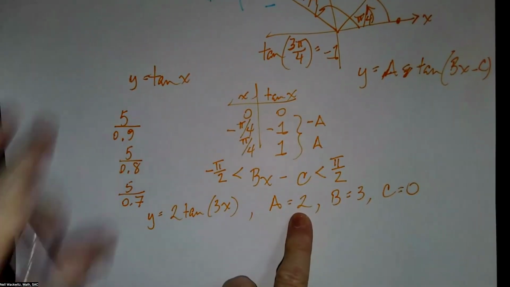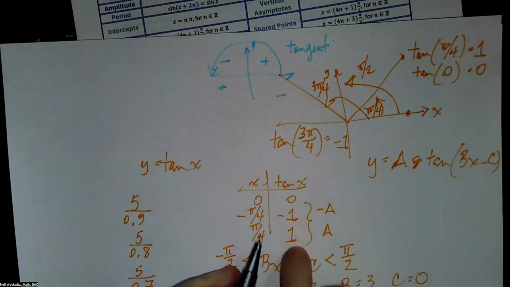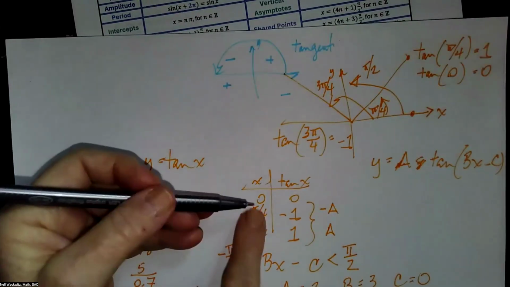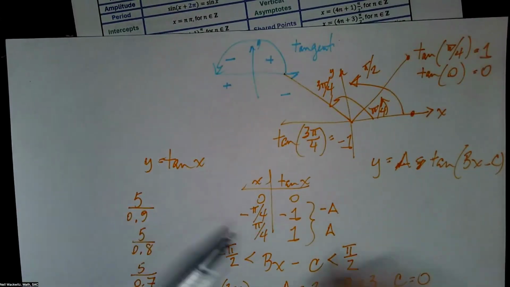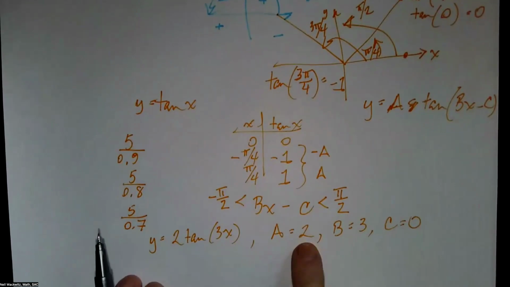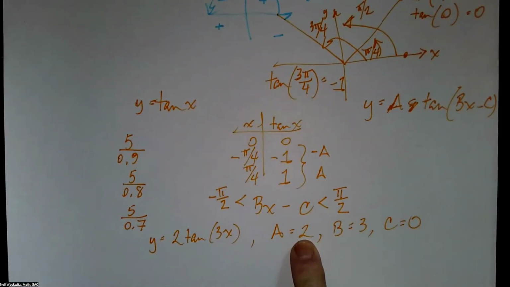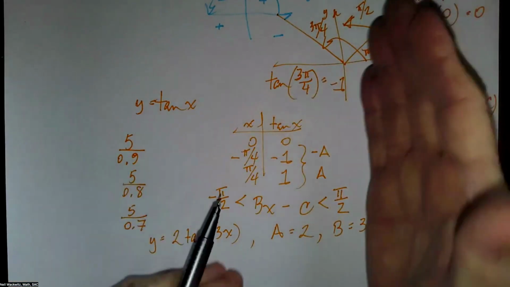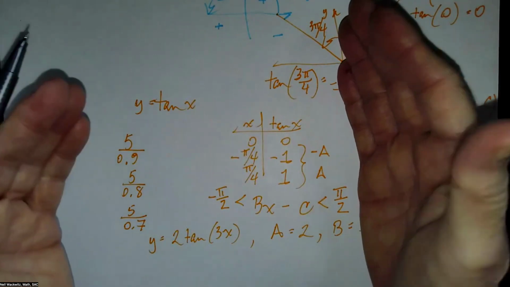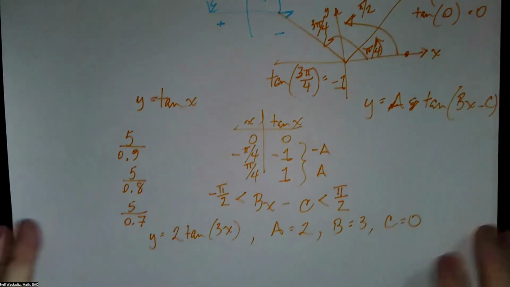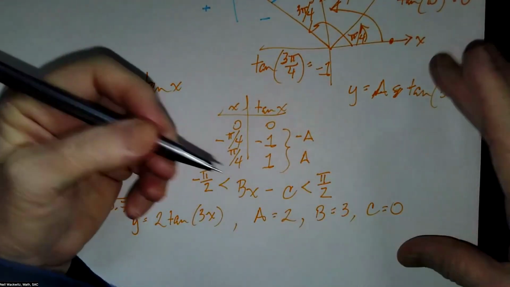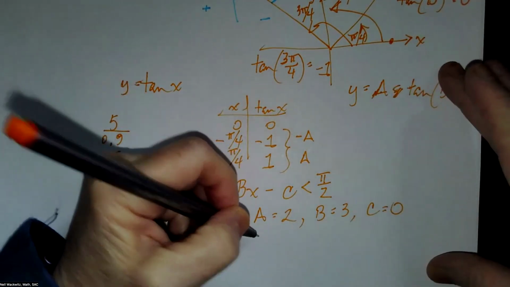So we know that A is going to give us these nice values at pi over 4, or midway between 0, 0 and the right vertical asymptote will have a value of A, something comma A. And then midway between 0, 0 and the closest negative vertical asymptote will have negative A. So now we can ignore the A's and just look at bx - c. So this time there's no c, it's just 3x.